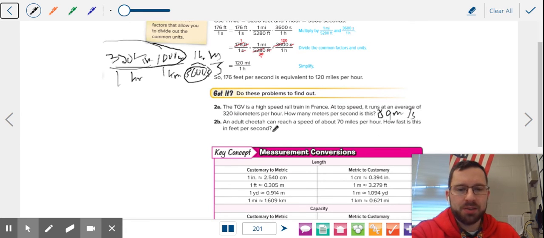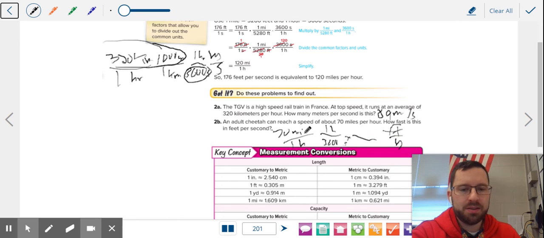An adult cheetah can run about 70 miles per hour. Pretty fast. Fastest land animal. How fast is this in feet per second? Okay, so once again, we have to go miles to feet, hours to seconds. We already know the hours to seconds. 1 hour is 3,600 seconds.